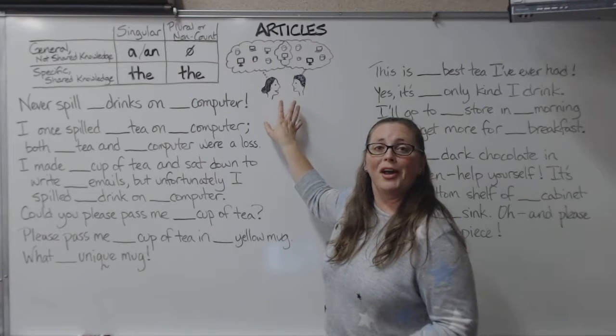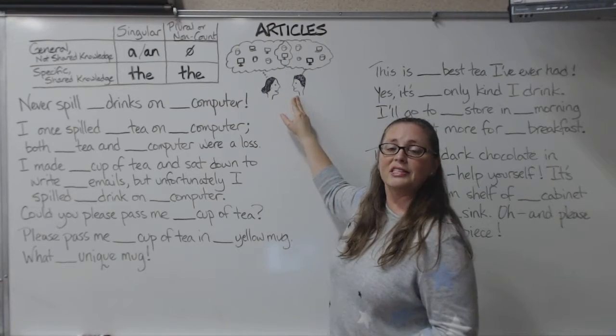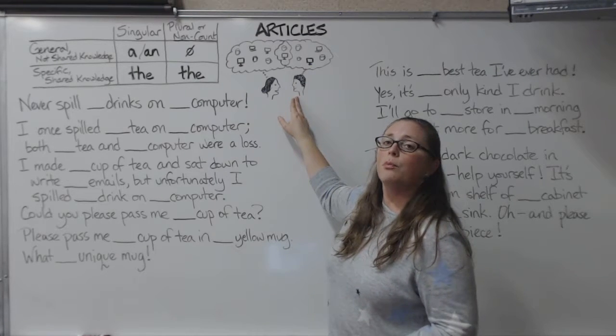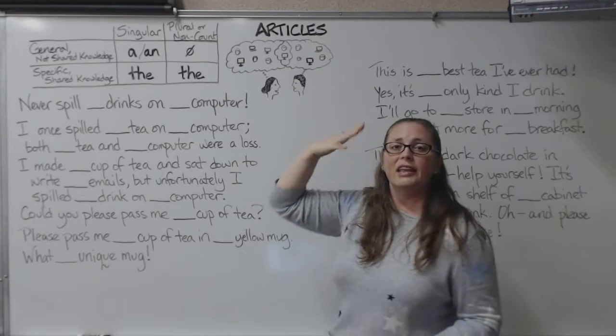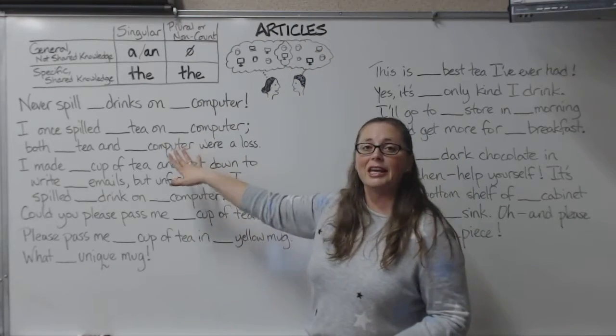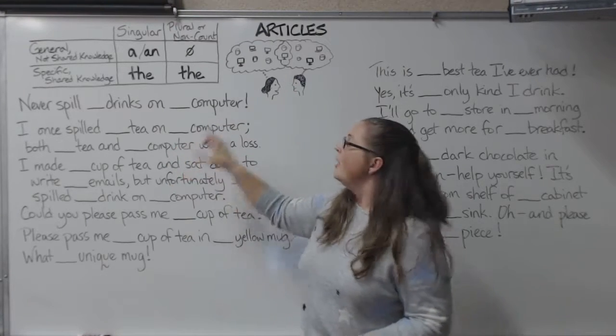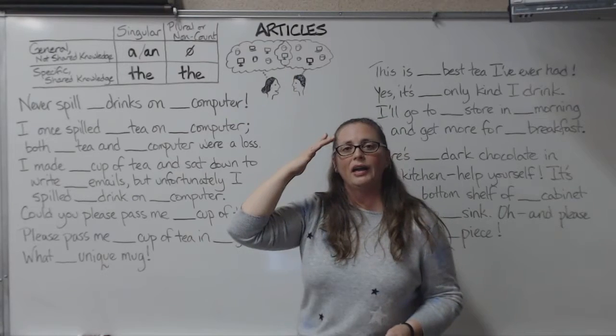This is my beautiful drawing up here of 2 people. This is the speaker and this is the listener. Both of them have many things in their mind. We're going to be talking here about tea and computers. They have many cups of tea and many computers in their mind.